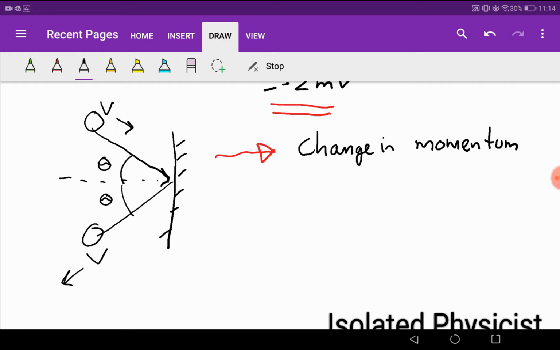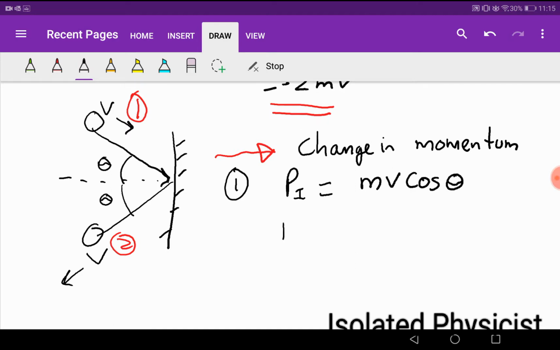Well, that would just be v cos theta. So actually we'd end up with, if I put 1 here and 2 here, the momentum before, P initial at 1, and here we're just looking in the horizontal plane, would be mv cos theta, and the final momentum in the horizontal plane would be minus mv cos theta.